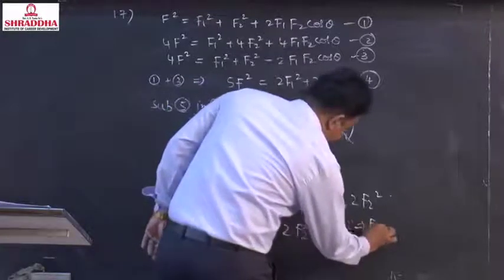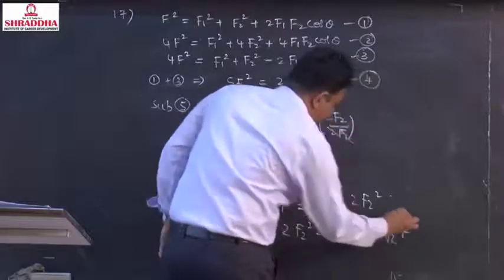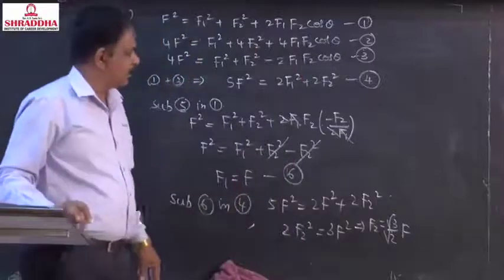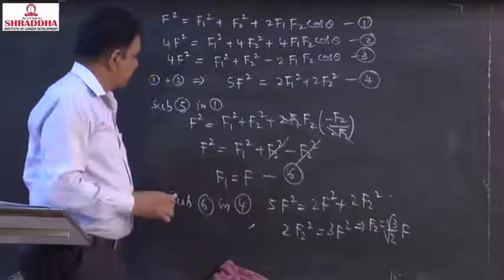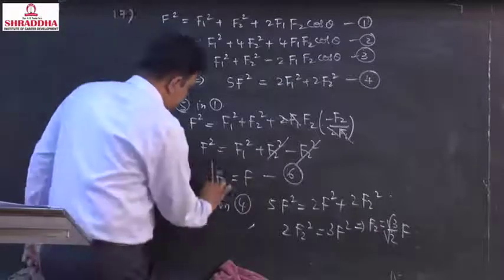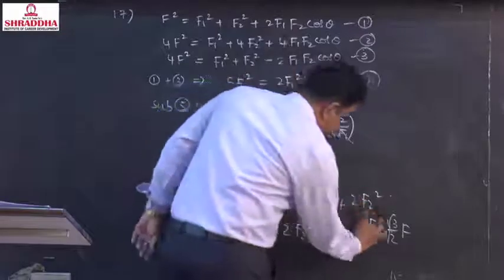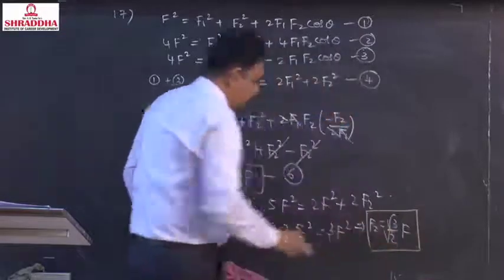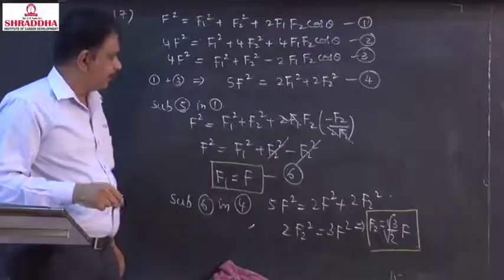F2 is equal to root of 3 by 2 into F we will get there. Okay. So these values are required. This is F1 is equal to F, F2 is equal to root 3 by 2 into F.